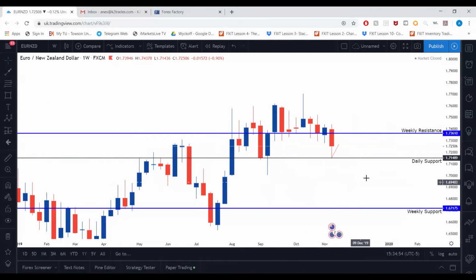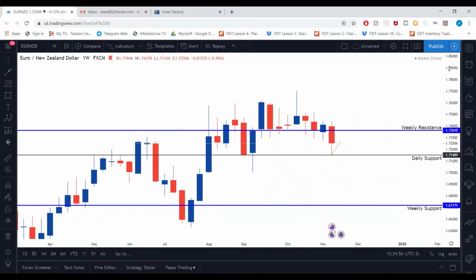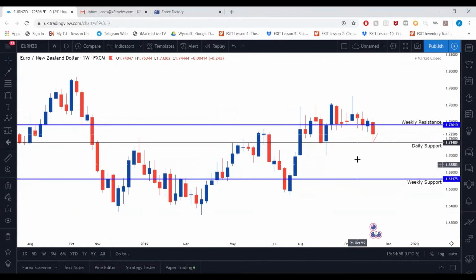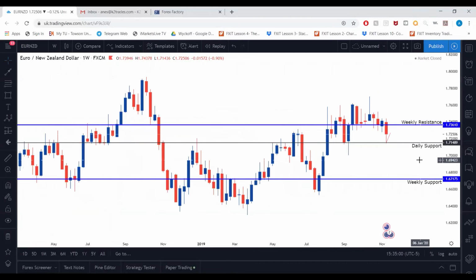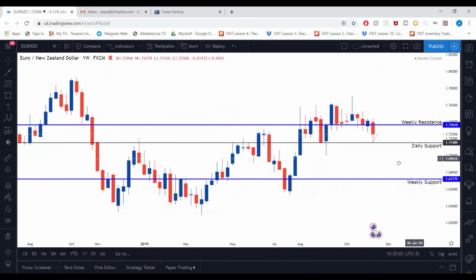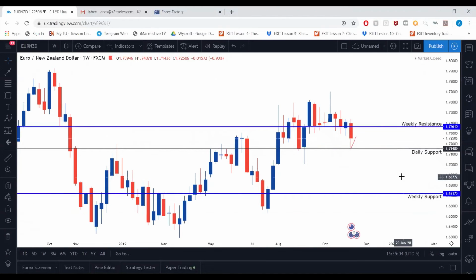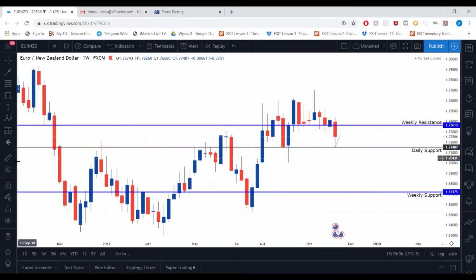So hopefully we see some corrections on those pairs, and we can probably hold some nice swings for a few months and get the benefit of the whole moves. Like if this breakout happens, it will be like 430 pips.